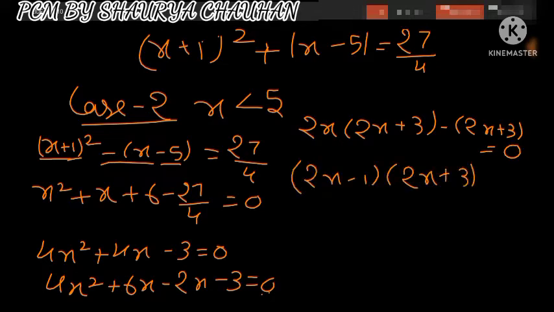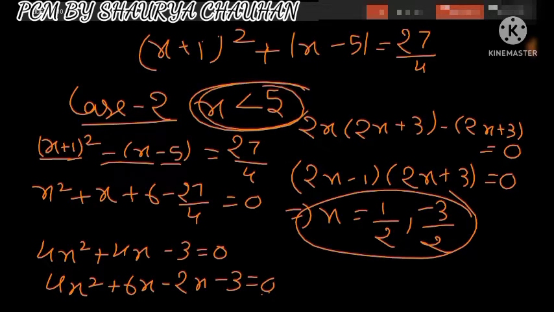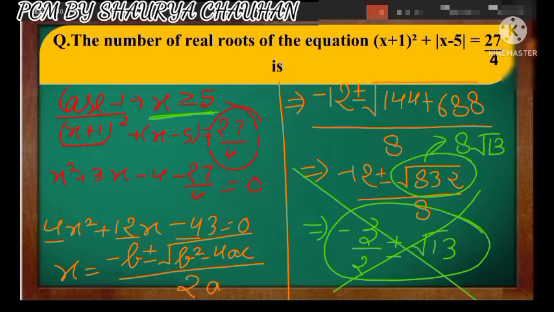So x will become half and minus 3 by 2. These both roots are less than 5, and in this case we have considered x less than 5. So these roots are considered. So the number of real roots will be 2, which is the correct answer of this question.